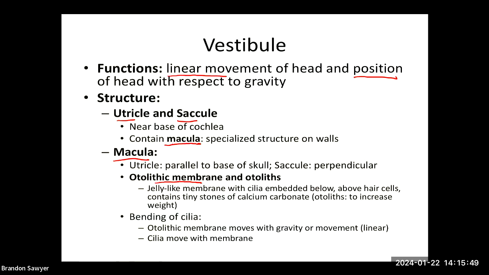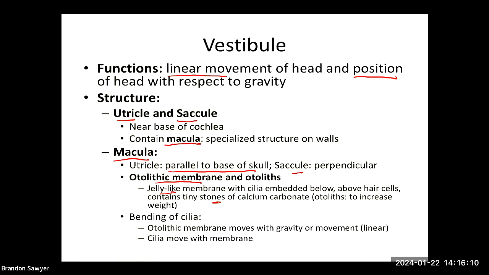The only difference is their position. The utricle is going to be parallel to the base of the skull when your head is upright, and the saccule is sitting perpendicular when your head's upright. So one's like this when your head's upright, the other one is like this. This is a jelly-like membrane with little stones of calcium to increase its weight.